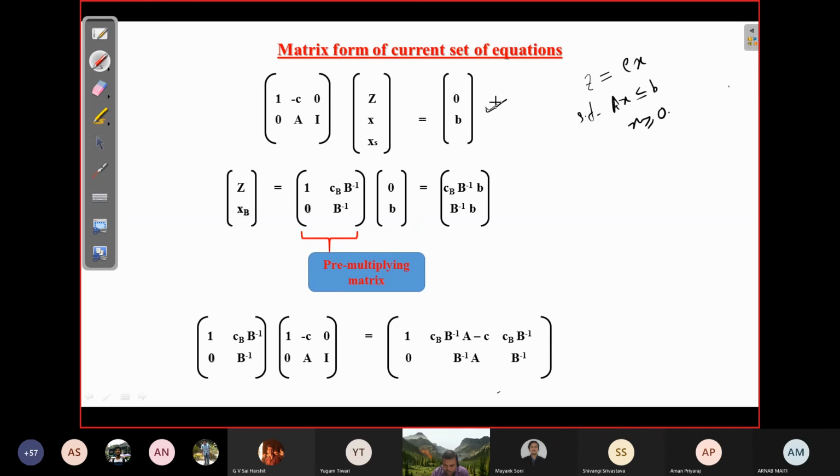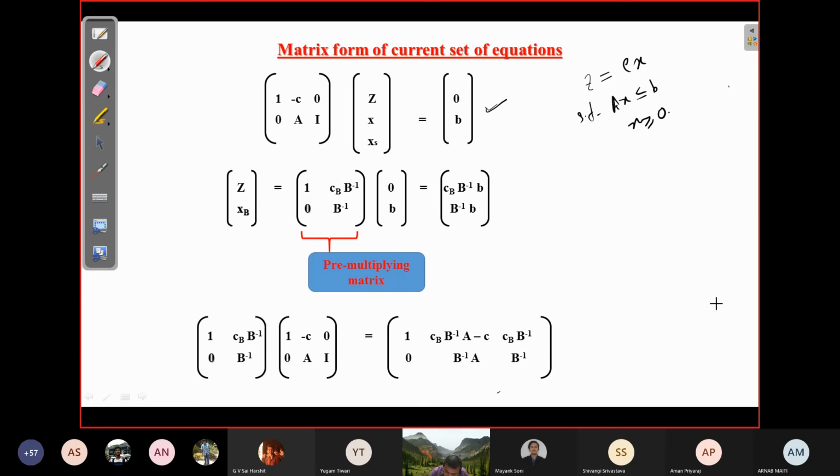Right? Now, what we want in the simplex table is for the RHS to give the solution of the basic variables and the value of Z, the objective value. And we already know what they are: C_B B inverse b and B inverse b.